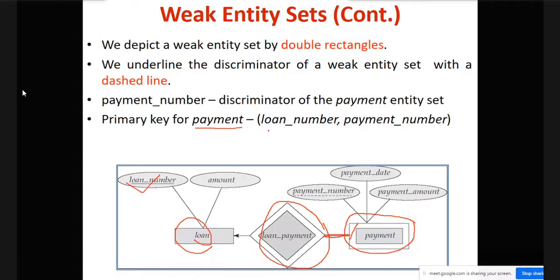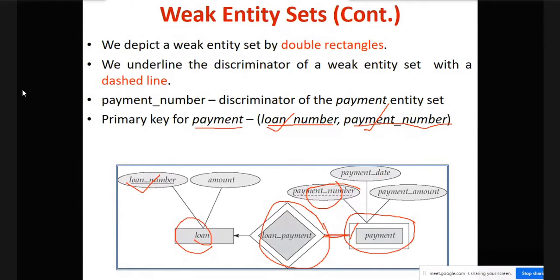So that will come as one part of the primary key of my weak entity set, plus the discriminator key, that is the payment number. So the primary key for my payment entity set, the weak entity set, is the primary key of the identifying entity set plus the discriminator or partial key of my weak entity set.